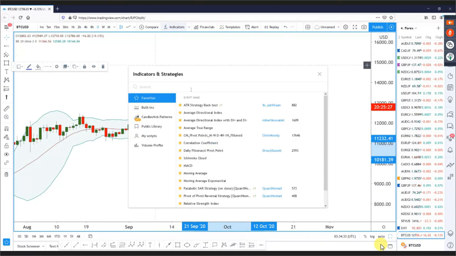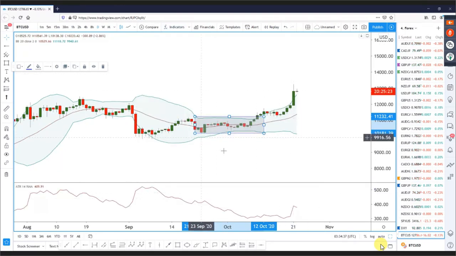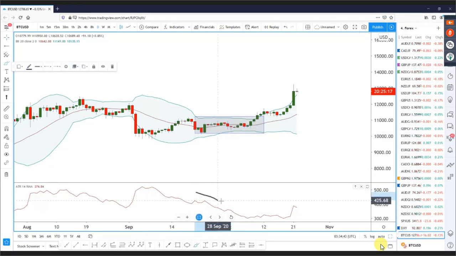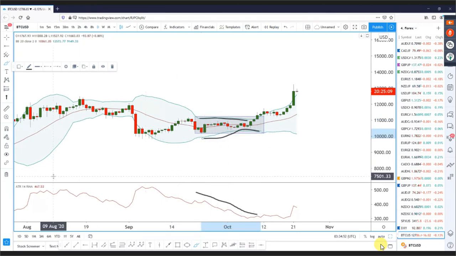Let's see the ATR. So during this period of time, you see how the ATR value just constantly drops and drops and drops. So the bands were getting tighter before making a move.